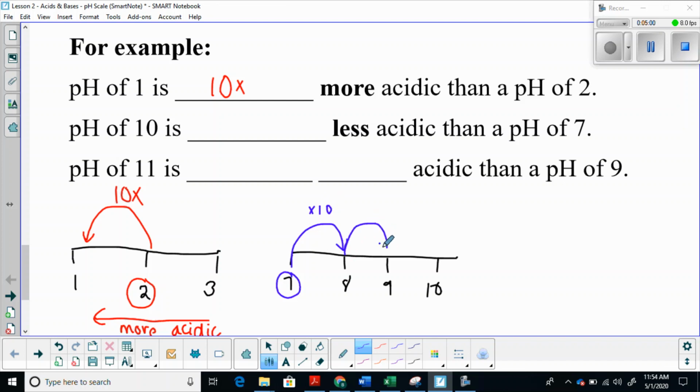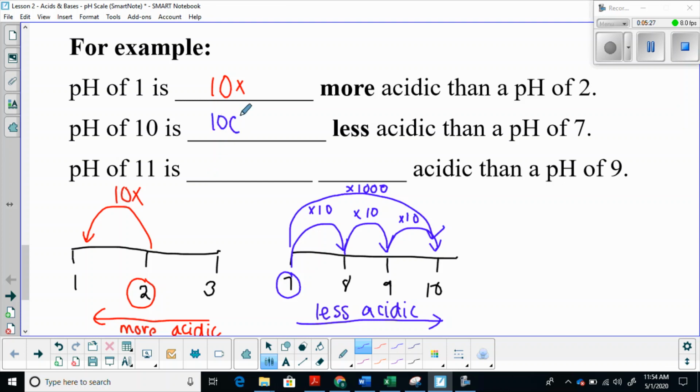If it moves again, it's times another 10. If it moves again, it's times another 10. So overall, it's times 1,000, because 10 times 10 times 10 gives us 1,000. If we are headed towards 14, we are becoming less acidic. So this is 1,000 times less acidic than a pH of 7.